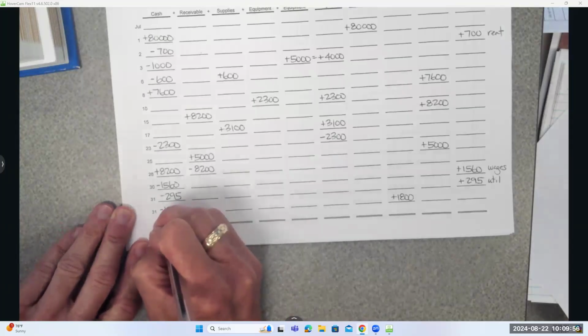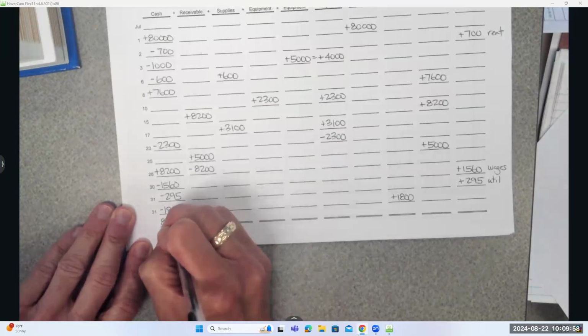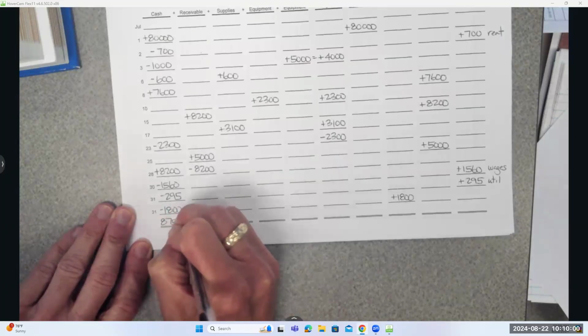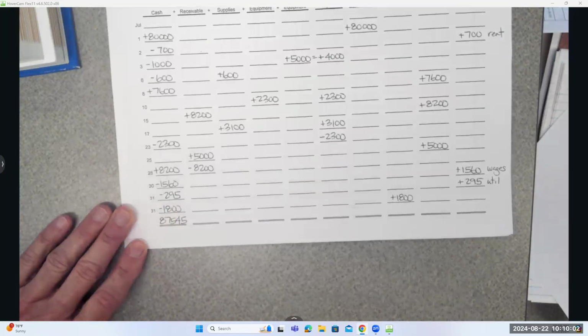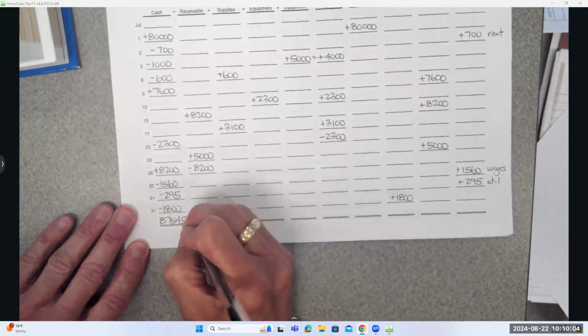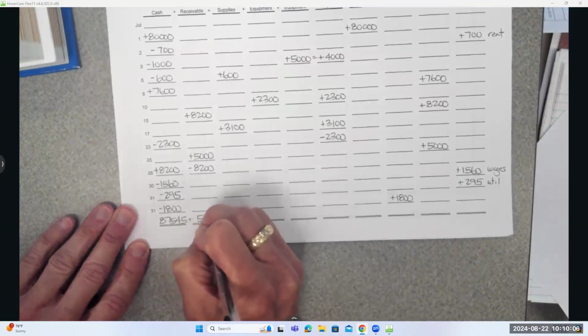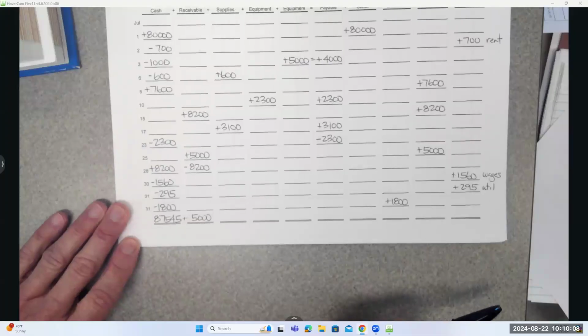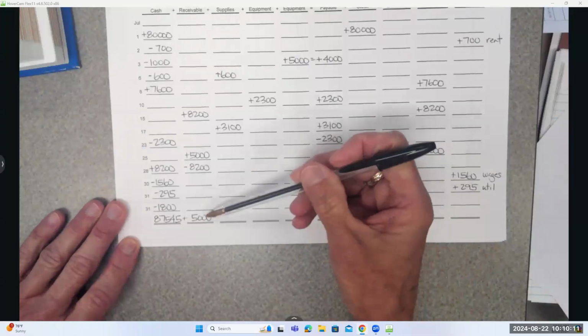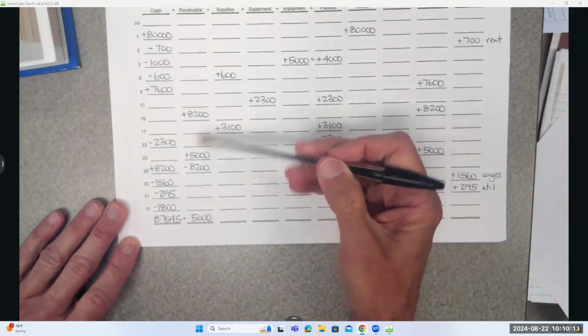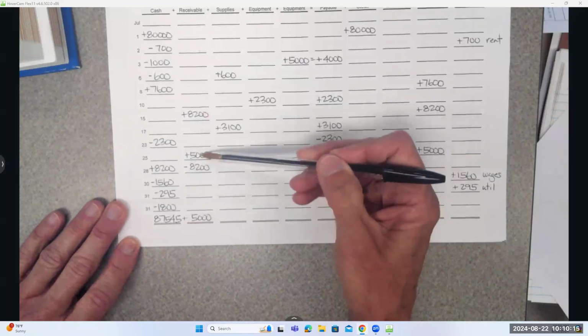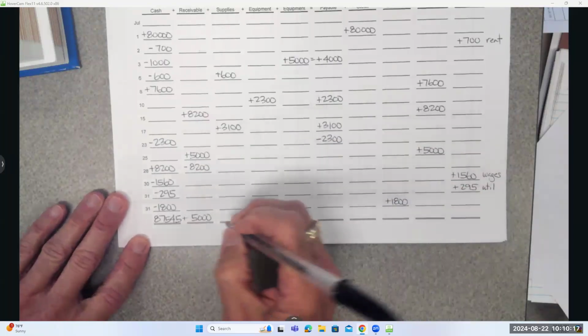I get 87,545 in cash. $5,000 is still owed to us in accounts receivable. We received the 8,200, so we just have the 5,000 still owed to us.